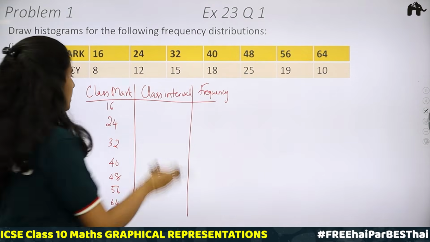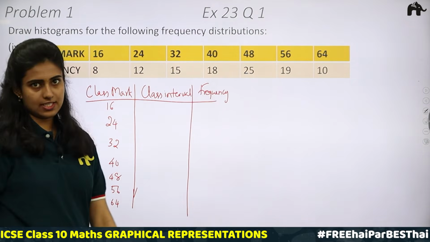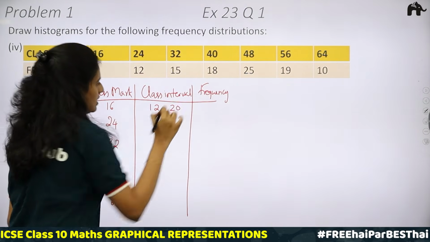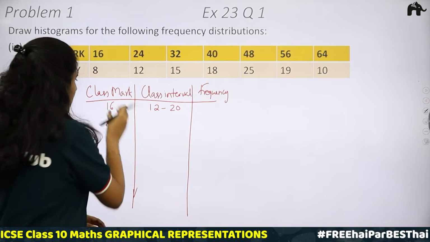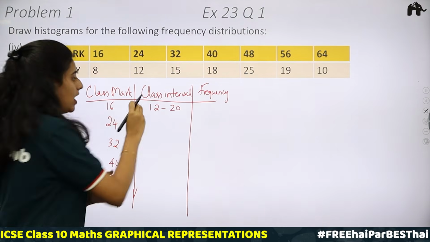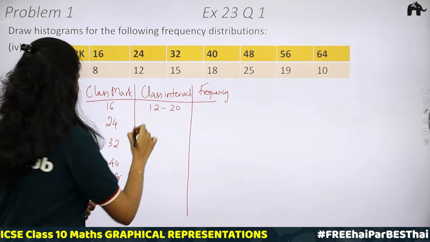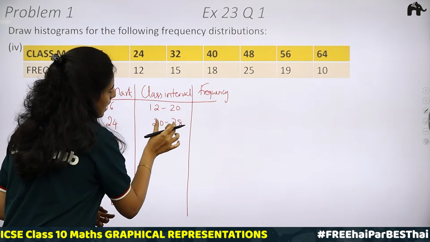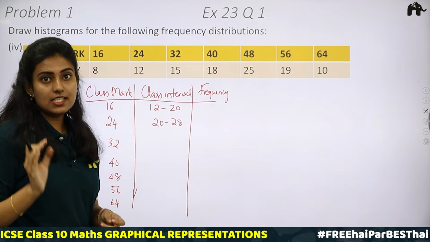Now we have to take intervals. Let's suppose 12 to 20. 12 to 20 is an interval and 16 lies between 12 and 20. Next I am taking 20 to 28. The height or the size of the interval is 8.